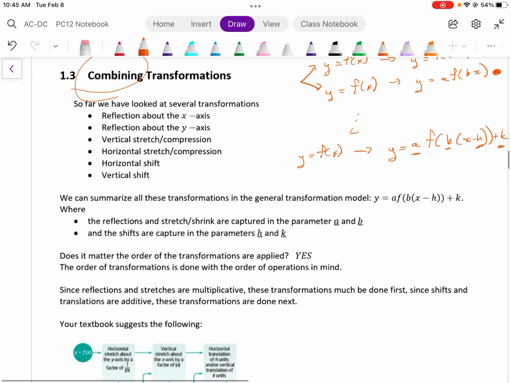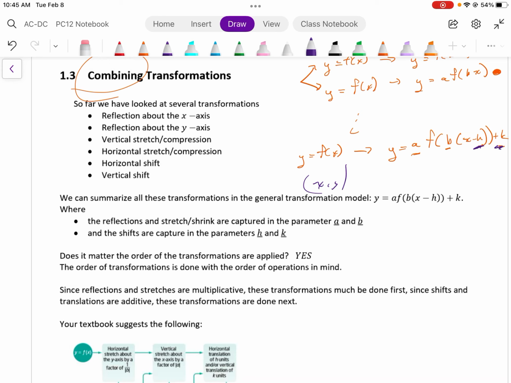Now, think about what mathematical operations were done here. Well, we start off with point (x, y), and for the shifts, h and k, we added to the x and y coordinates. For anything that had to do with a reflection, what did we do?